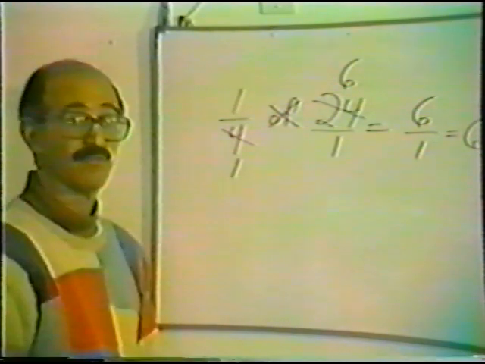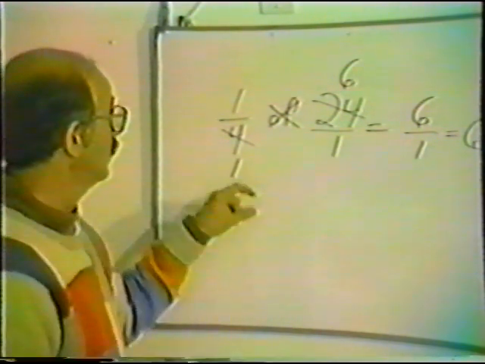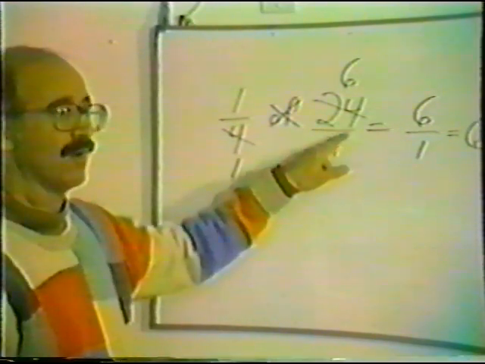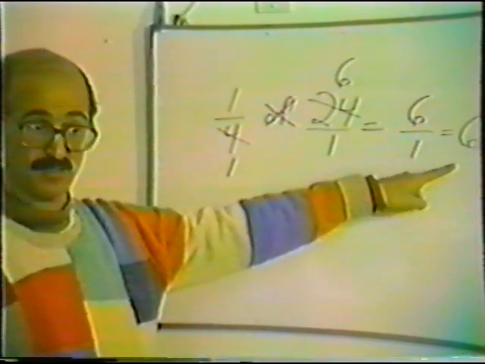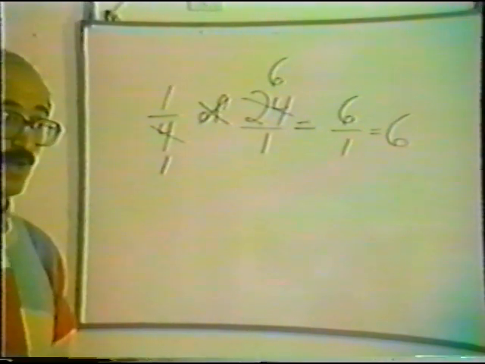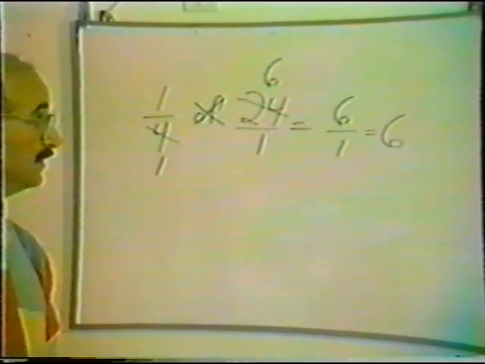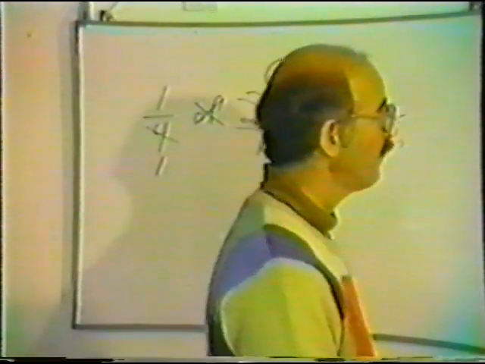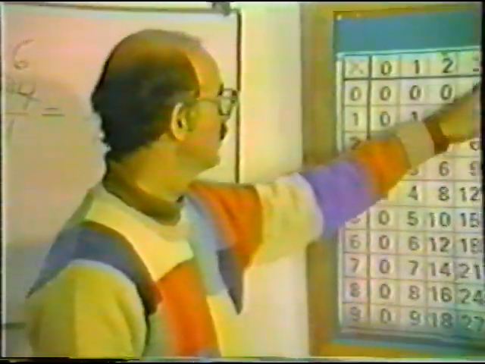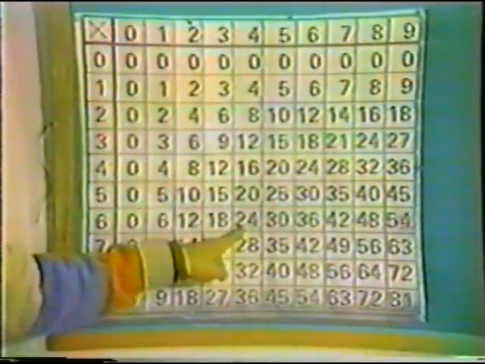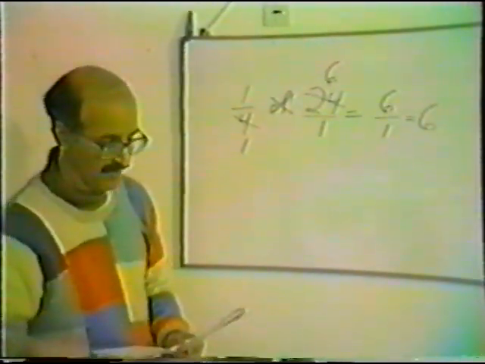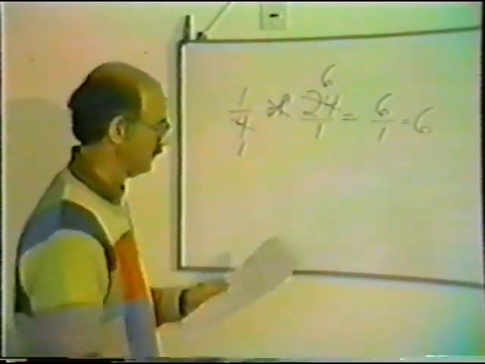Now let's see if that sounds right. 1/4 of 24 is 6. Does that sound right? Yes, it does. Because if we have 4 of those 6s, we will get 24 back again. 1/4 of 24 is 6.